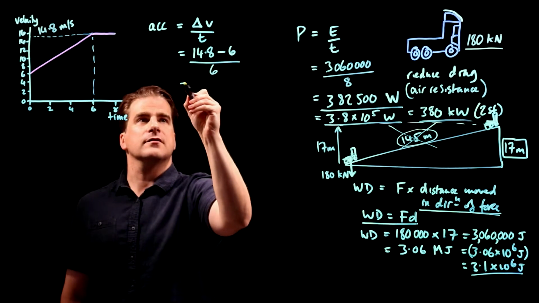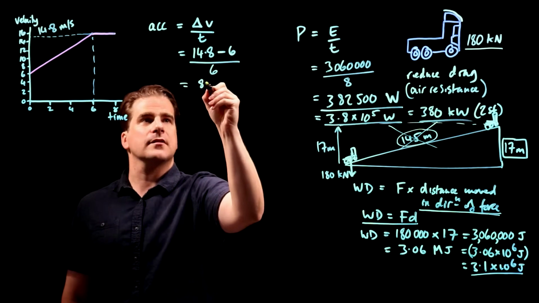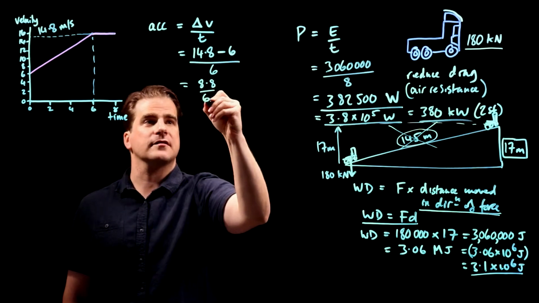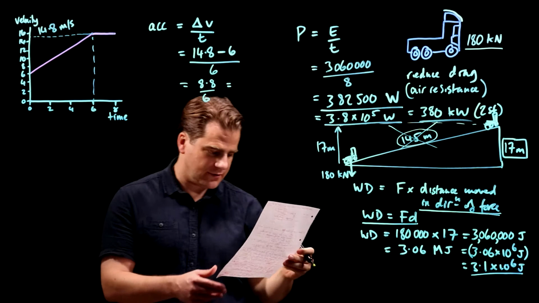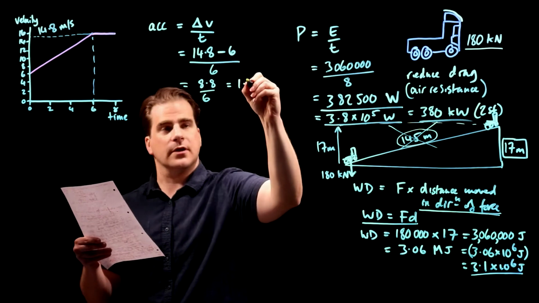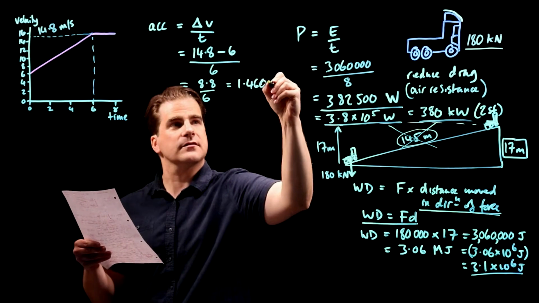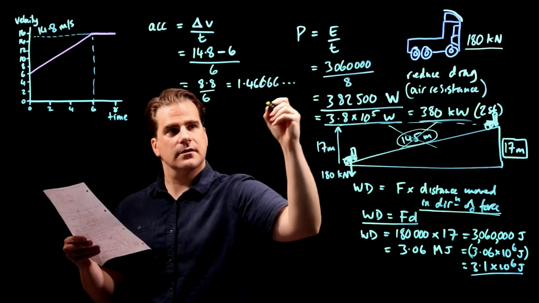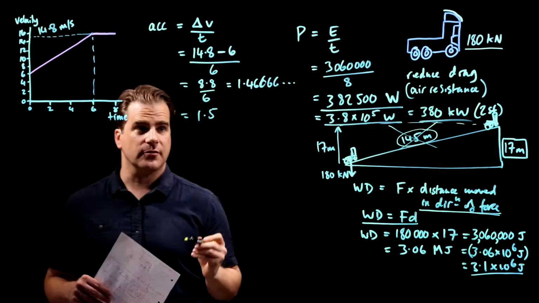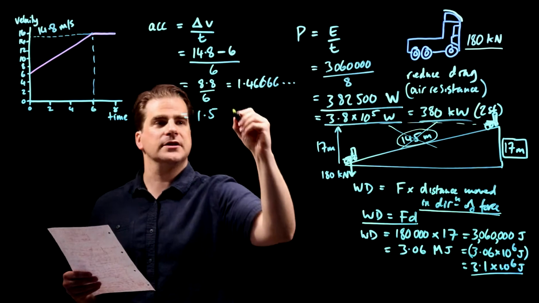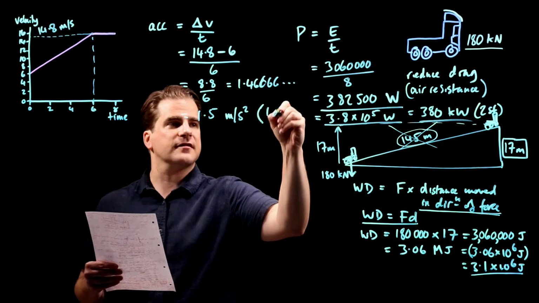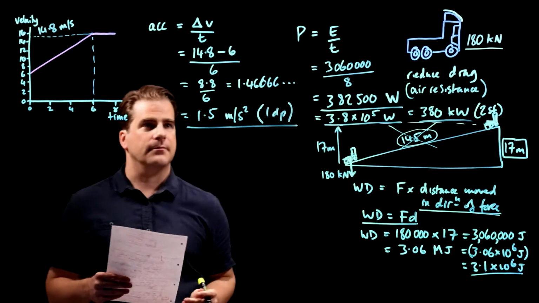So 14.8 minus 6 is 8.8, divided by 6. Stick it in your calculator and you get 1.46666, which is 1.5. That's a 6, it pushes the 4 up to a 5. Acceleration, meters per second squared, to 1 decimal place. Easy.